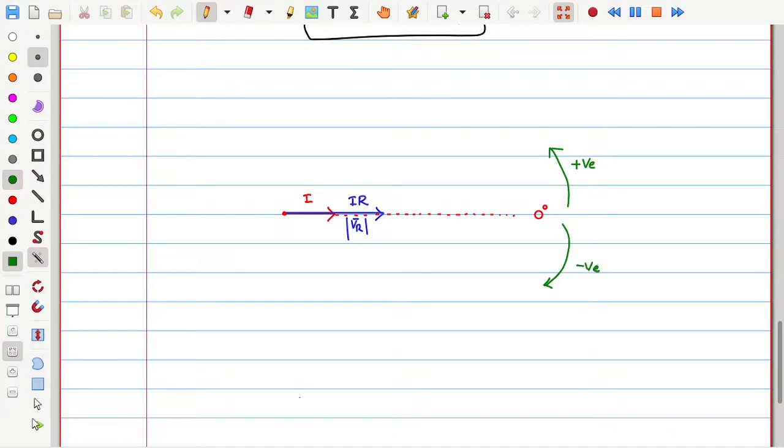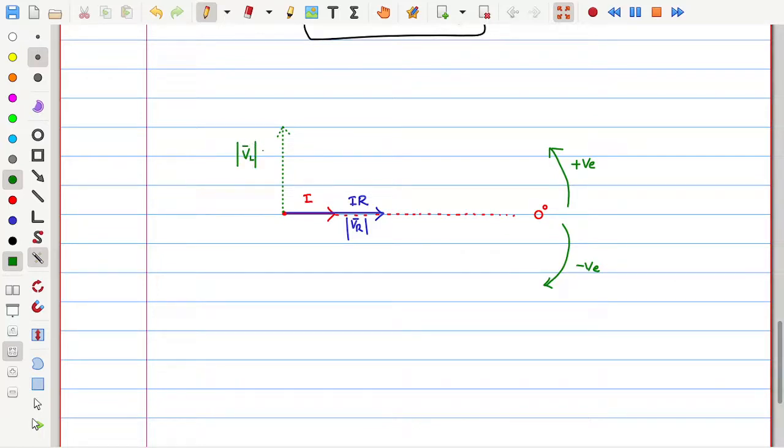So from here I have to move 90 degrees in the upward direction like this, so that I get the inductor voltage, which is the VL bar magnitude.